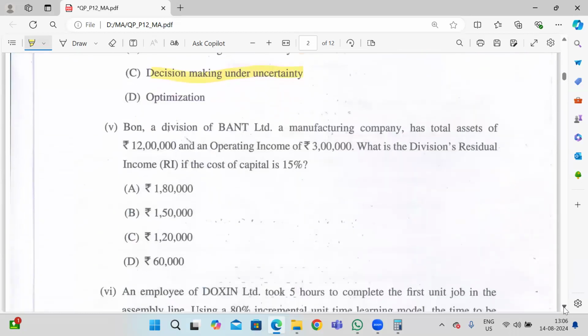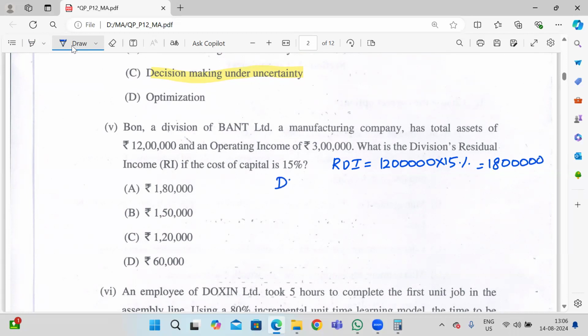Then the fifth question. A division of BANC Limited, a manufacturing company, has total assets of 12 lakhs and operating income of 3 lakhs. What is the division's residual income, if the cost of capital is 15%? First, we will identify the return on investment, that is ROI. My total assets, 12 lakhs, into 15 percent, that is 1 lakh 80,000, is my required return on investment.